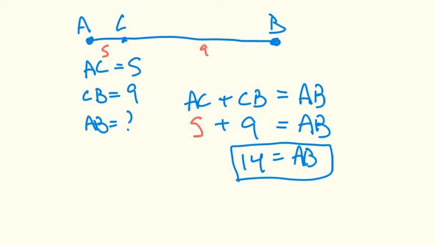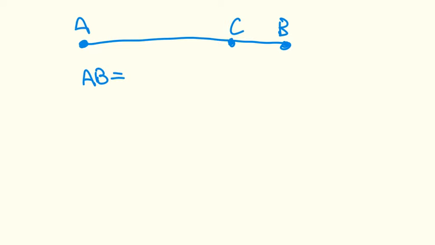All right. So let's take a look at another quick example here. Say, on the other hand, we had AB and point C, and we were told that AB equals 17, and CB equals, oh, I don't know, 3.